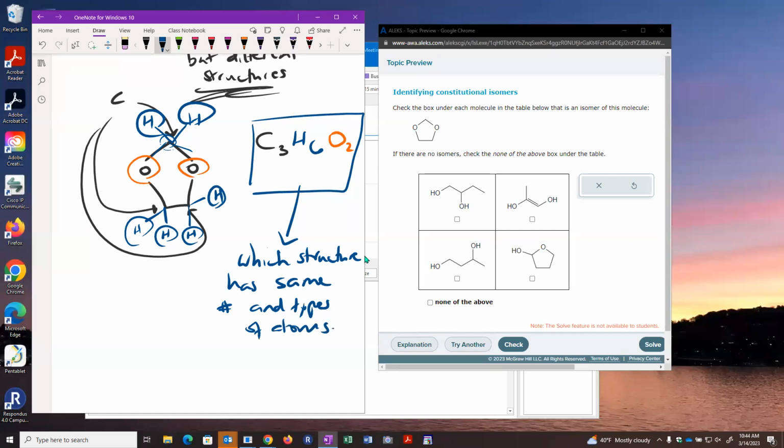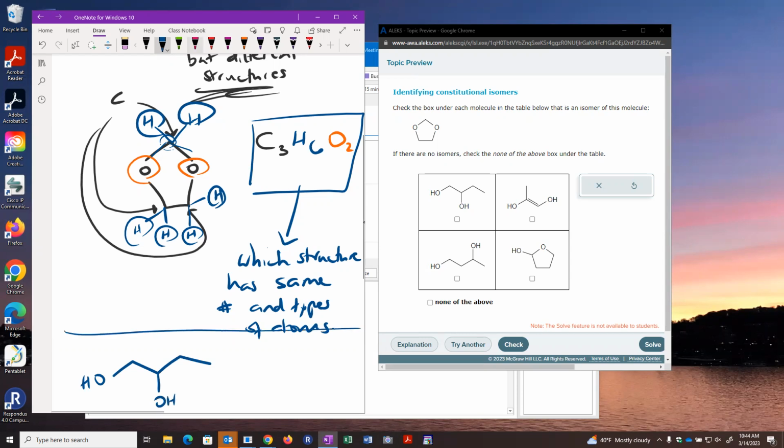This is where interpreting your line angle or skeletal structure is going to be important. For example, if we look at this one here on the upper left, I'll draw that one underneath. I have an OH like this. I have another OH down here.